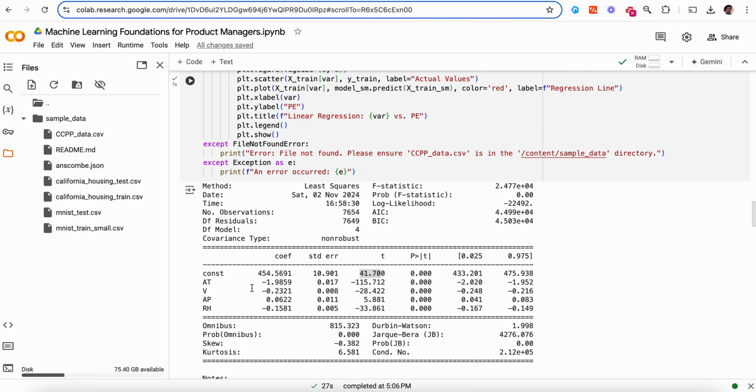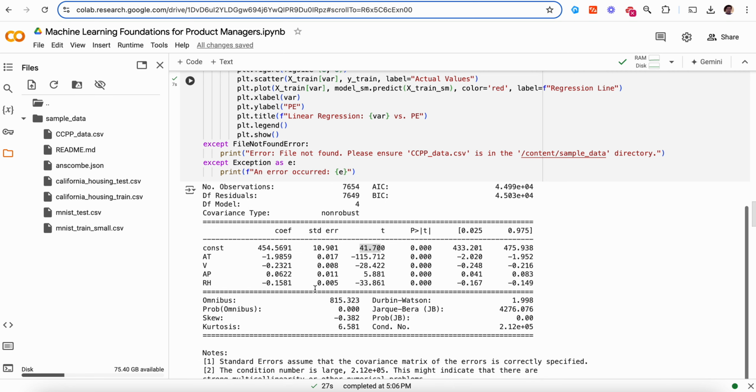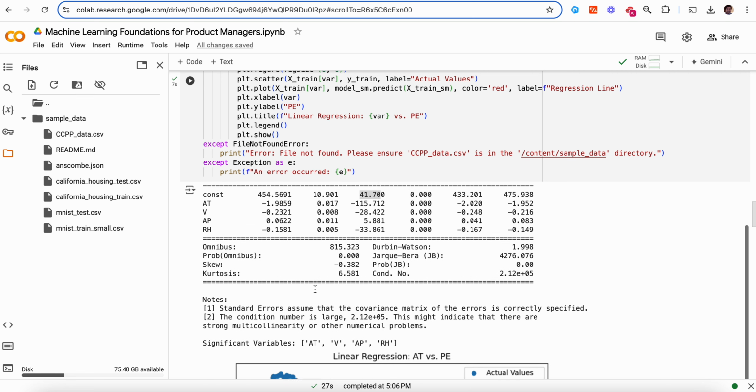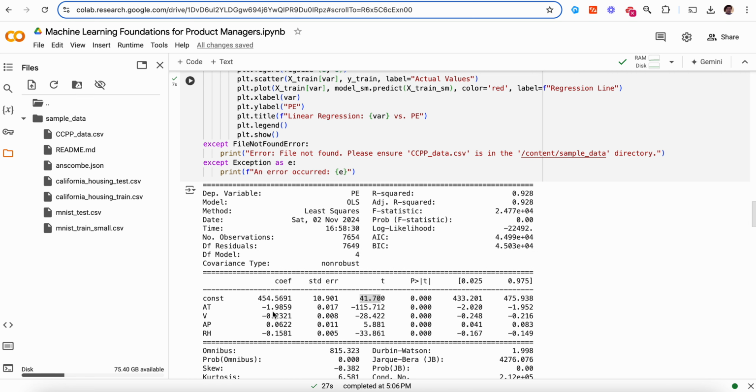And here we go. For example, it had a coefficient of minus 1.9859 for the average temperature in the equation. Obviously, there's an intercept there as well. These are the variables, these are the coefficients against those variables, and there is an intercept here, which is this constant value.